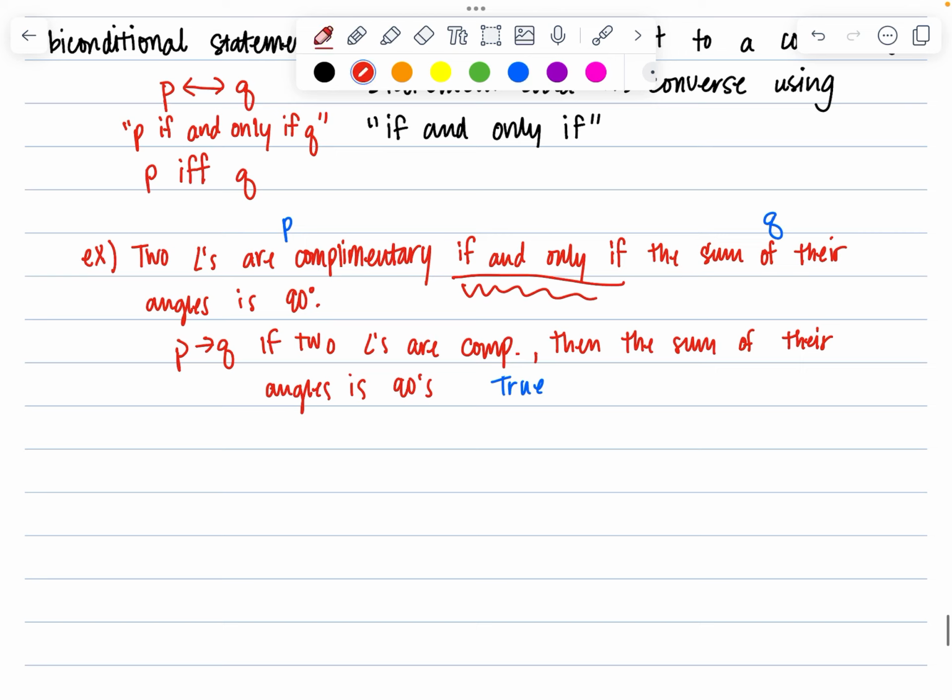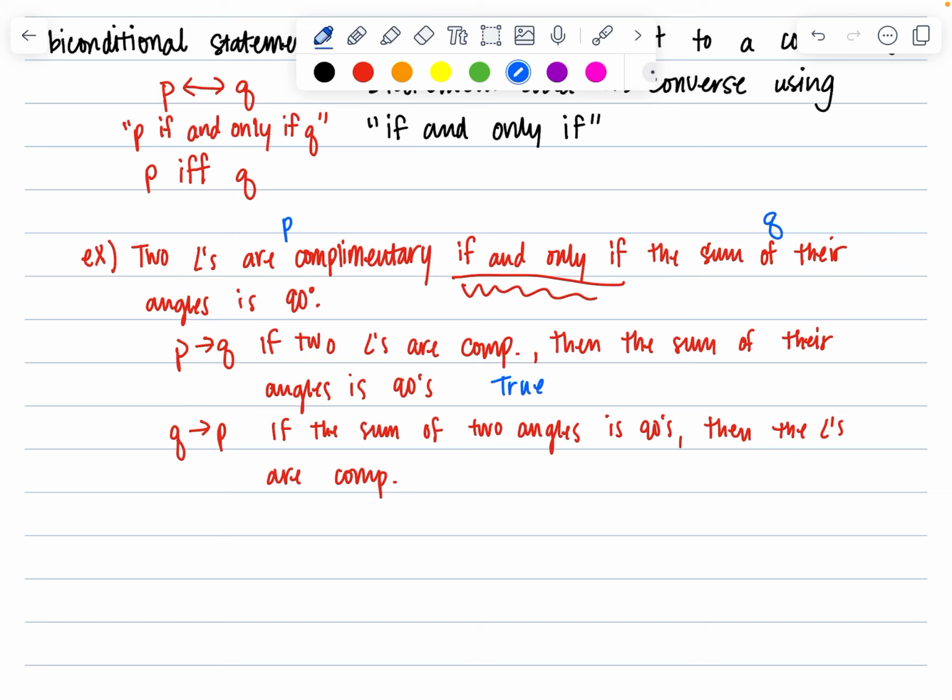And if we reverse this, if we do Q implies P, or if Q then P, the converse, we could say if the sum of two angles is 90 degrees, then the angles are complementary. And this is also true.